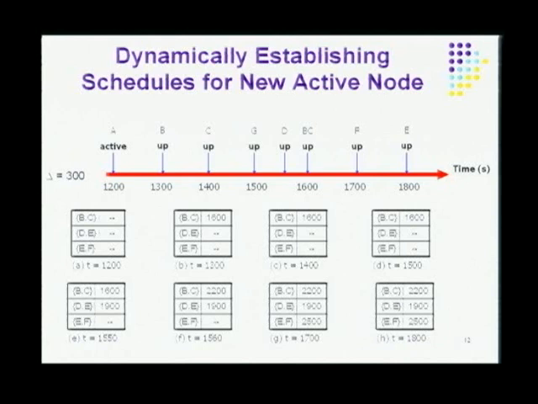So how do I know who my GAN members are? Yeah, good question. At the very beginning of this algorithm, there will be an initialization period. In that period, every node exchanges information with its one-hop neighbors, including the location.